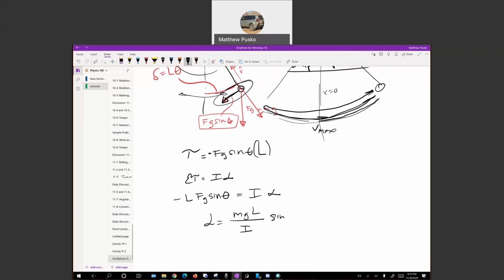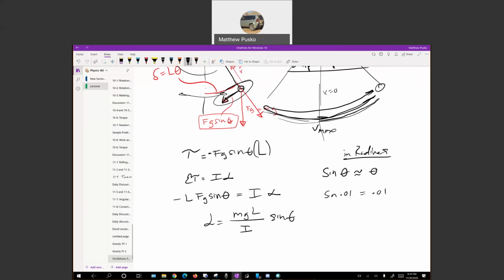Now, this is where we have to use the small angle approximation for sine, where in radians, very important, in radians only, the sine of theta is very close to theta. Type it in your calculator. Type sine of 0.01. I bet it comes out to about 0.01.